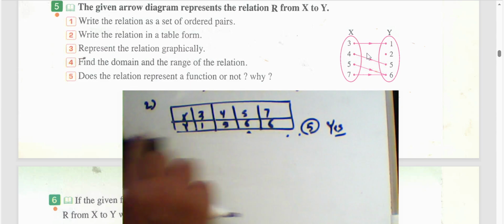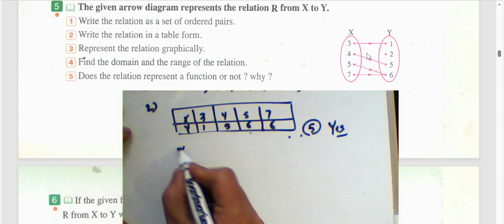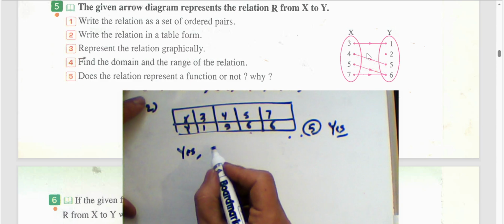Understood? Okay, I will write the reason here. Yes, it is a function. Why?